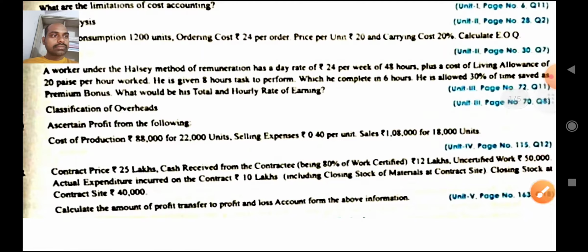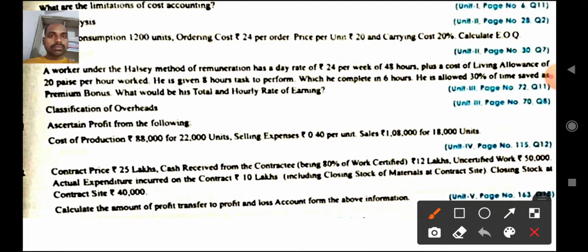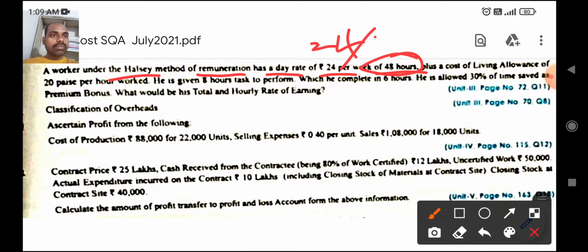A worker under Halsey method of remuneration per day of 24 per week of 48 hours. He is getting rupees 24 for 48 hours. So per hour it will be 24 divided by 48. If you do, you will get 0.5. This is per hour cost.